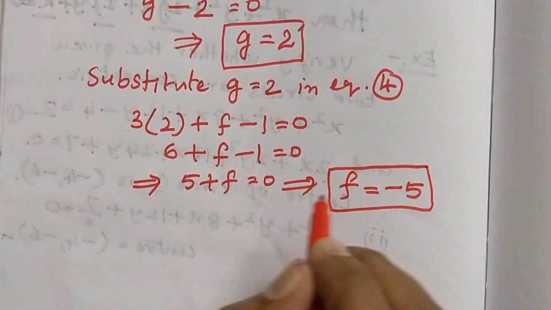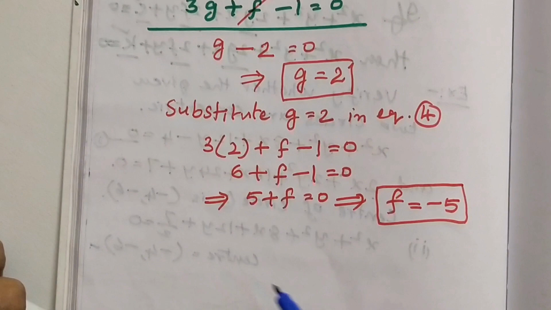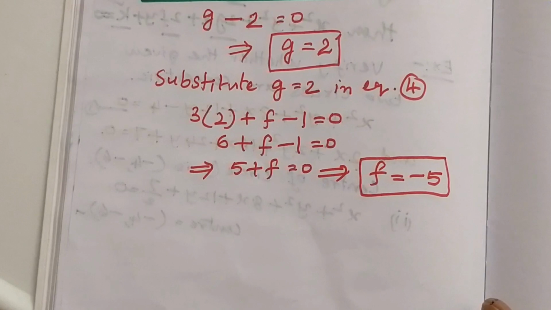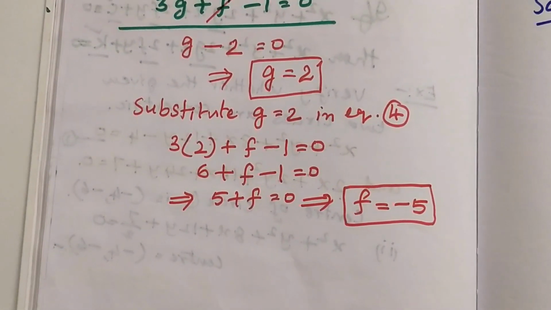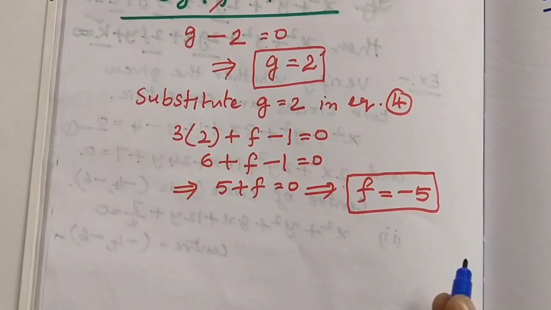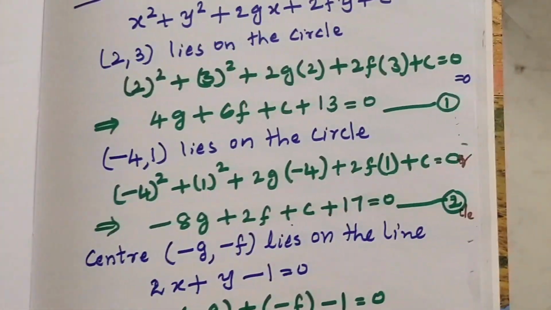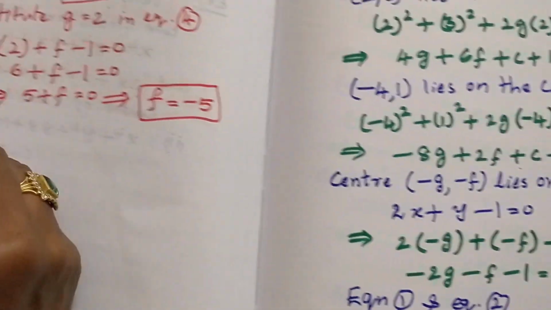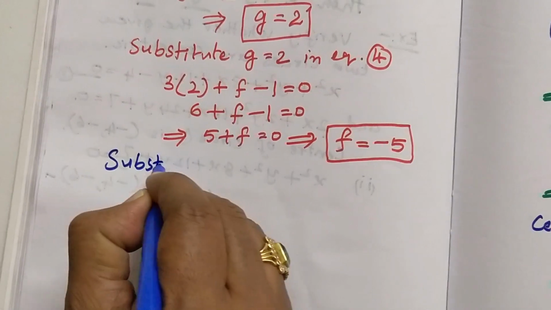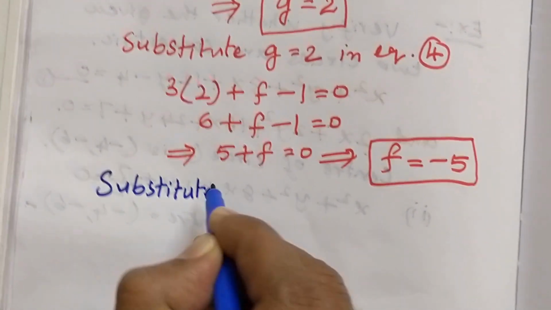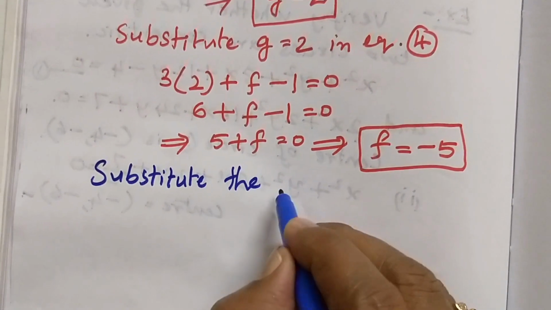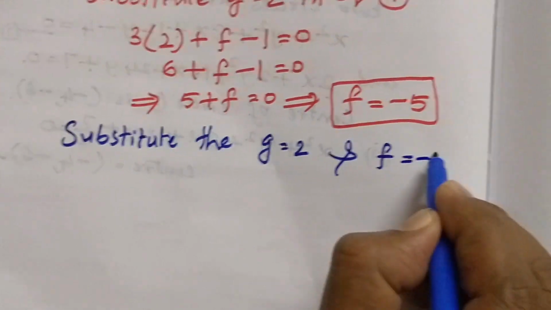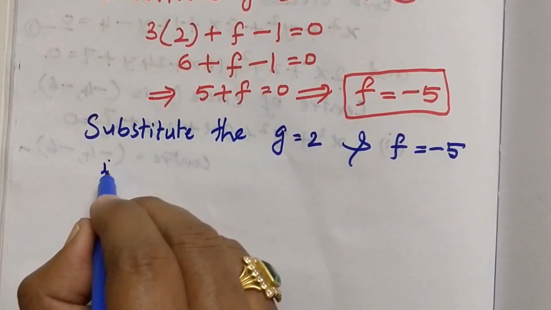And then what is the remaining thing? The remaining thing is you want to find the c value. Right. Substitute in equation 2. What is equation 2? Substitute the values g is equal to 2 and f is equal to minus 5 in equation 2.